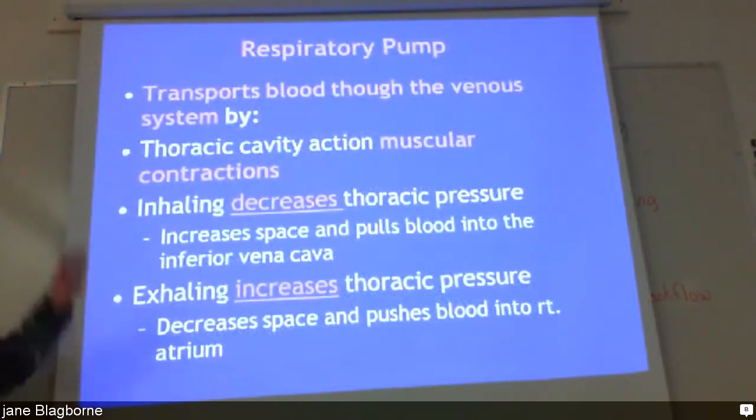The respiratory pump, I just explained it to you. Anyway, you can just read it through there.